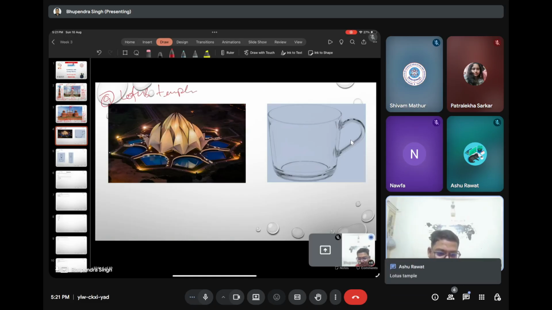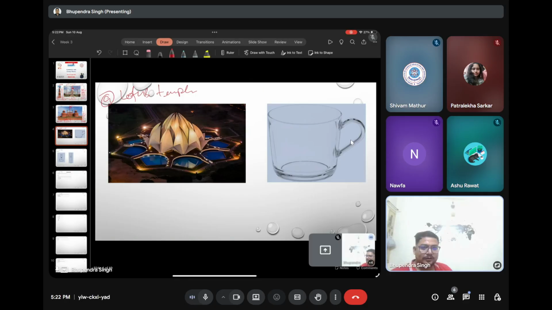Now tell me, the Lotus temple. What is the point group of this? Do not start jumping to the point group. Try to find out the symmetry elements. What symmetry elements are present? If you have any confusion, you should ask. How many petals are there?